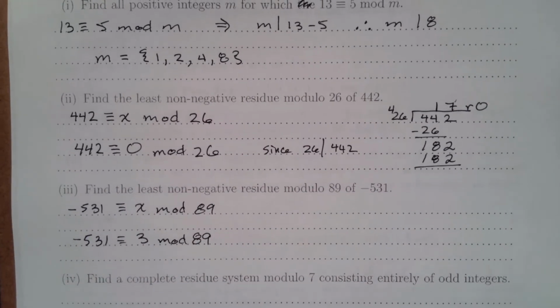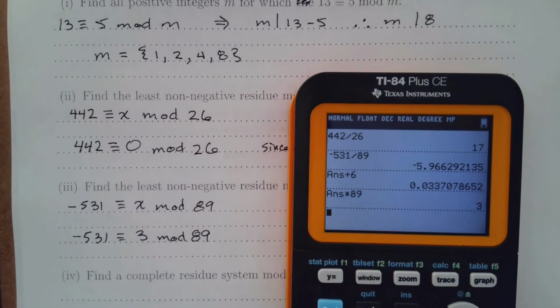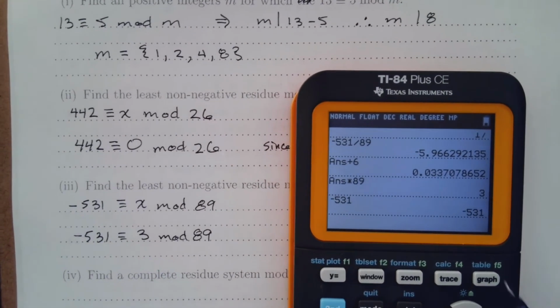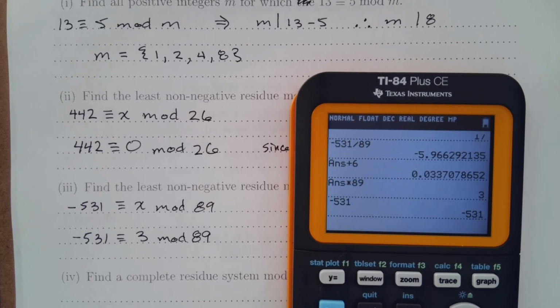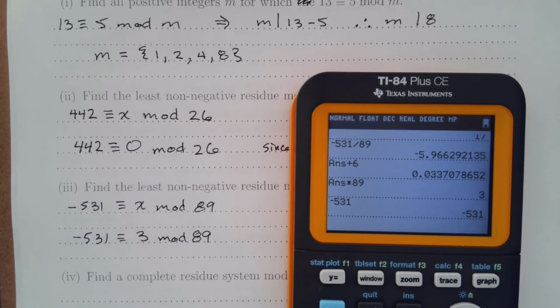Now, what's a way that you could think about this as well? Let's say I had negative 531, so I had a ledger balance for something that was 531 short. And I can get items in groups of 89.